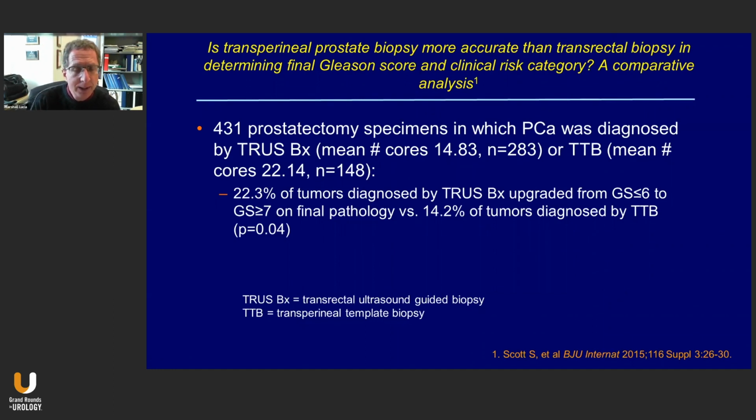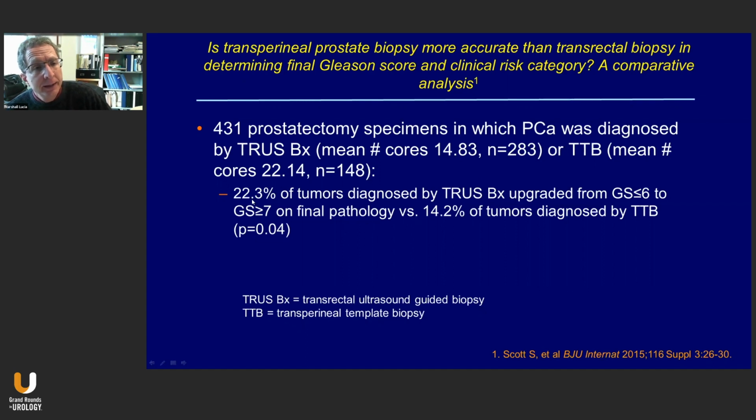Now, how does it compare with prostatectomy for accuracy of pathologic grade? And here's a study out of Australia looking at 431 prostatectomy specimens, retrospectively looking at how they were diagnosed, either by TRUS biopsy or by transperineal mapping biopsy. And you can see the number of cores here. Even their TRUS biopsies tended to have more cores than we see in the United States.